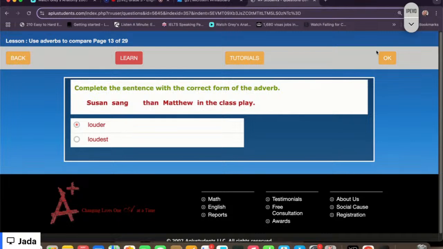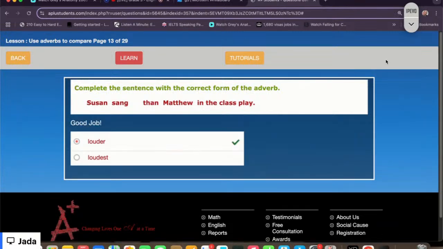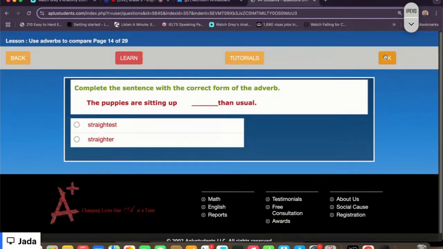Okay, so she sang louder than Matthew in the class play. The puppies are sitting up dash than usual, straighter or straightest?